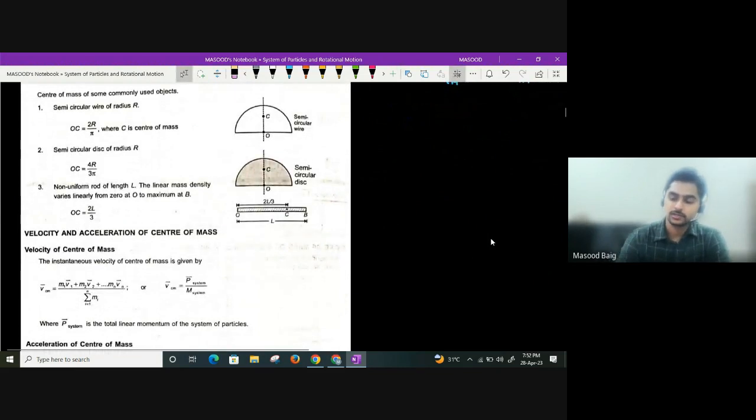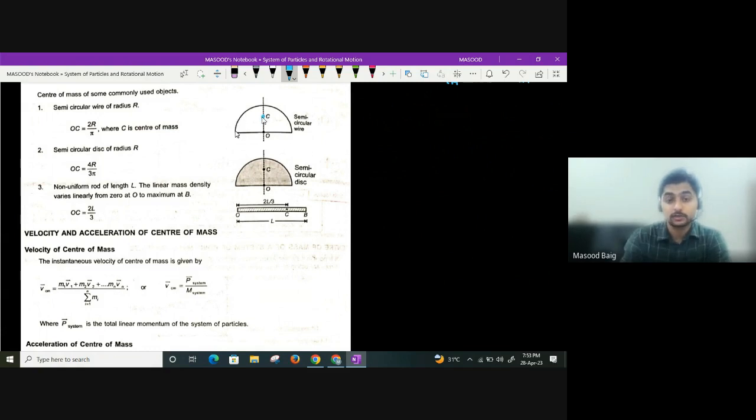For regular geometrical shaped objects, the center of mass will be lying at the geometrical center only. We'll talk about the properties also. So for a semicircular wire, all are uniform objects that we are taking, guys. If you take a semicircular wire, see, wire means it has length. So where will mass be distributed? Only in its length, guys, in the circumference. Is there any mass here?